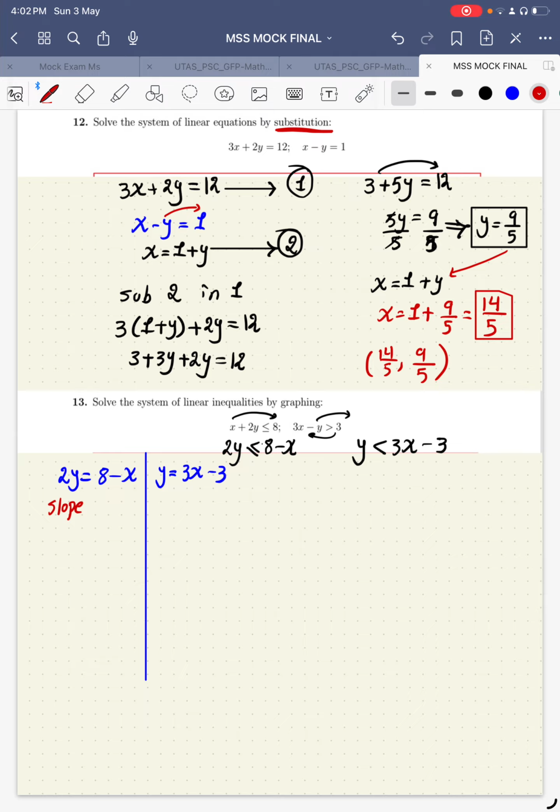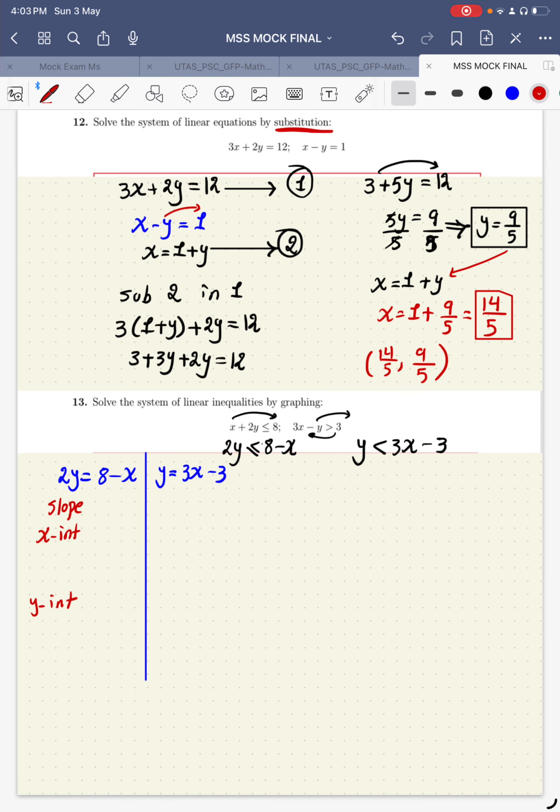So it will be minus a half, but I will not write it. I will just focus on the x-intercept and y-intercept. So the x-intercept is going to be what?